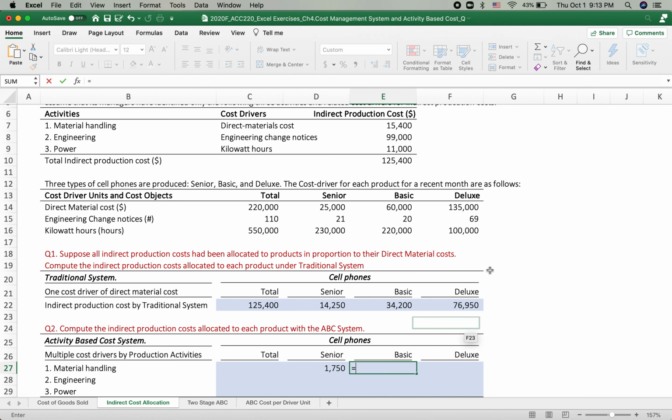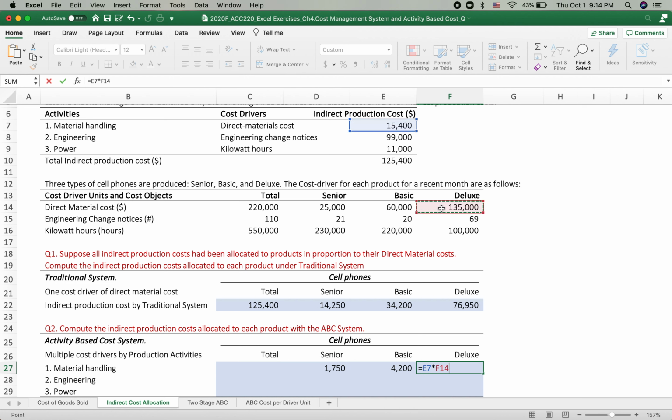Then basic, the same way, under this material handling activities, 15,400 times we need the proportion 60,000 from the basic the cost object divided by total. Then deluxe, the same way, 15,400 times.